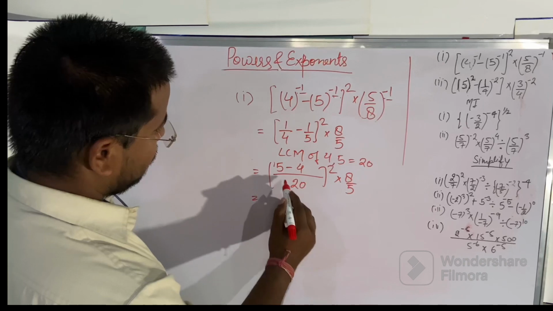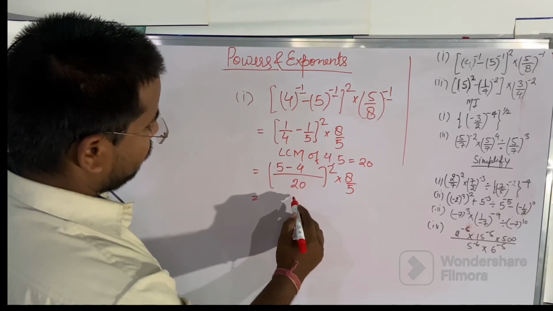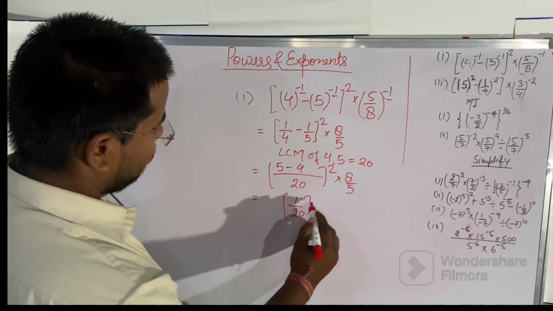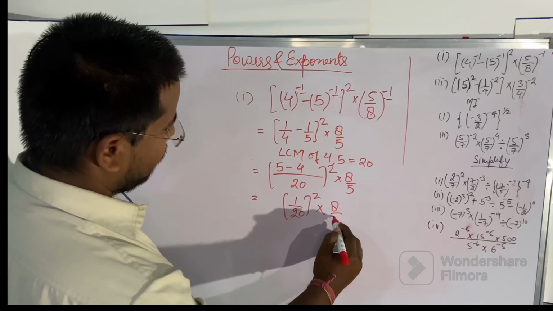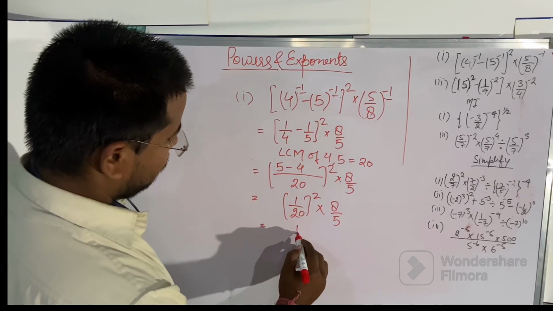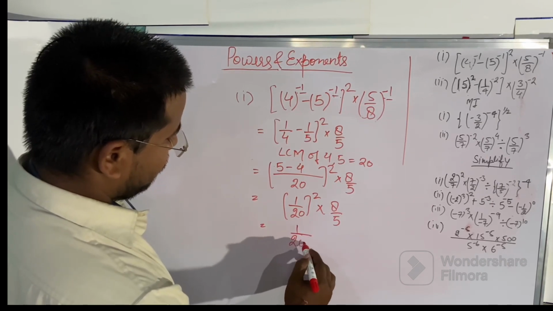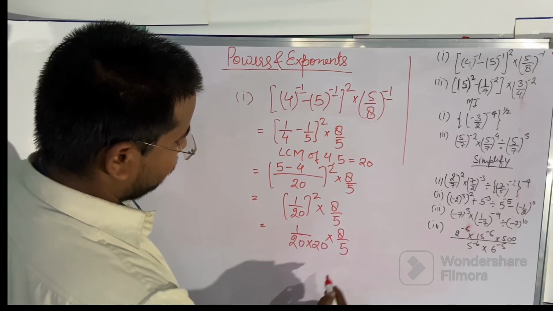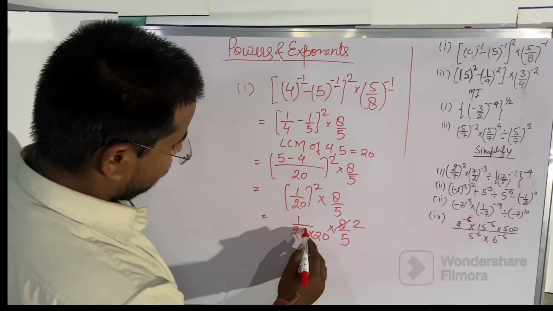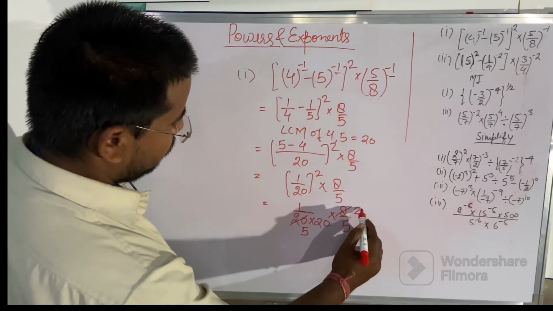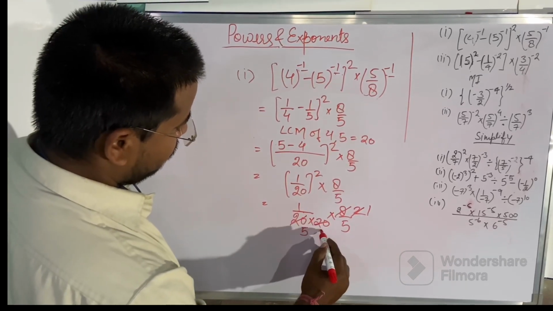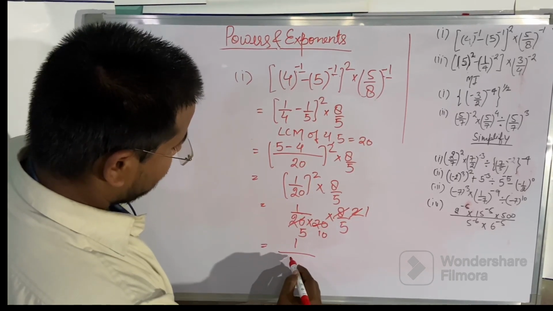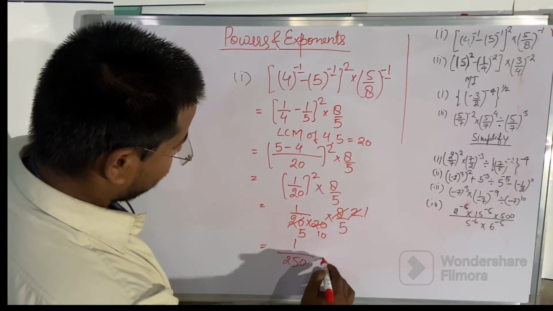So 5 minus 4 is 1, that means 1 by 20 to the power 2 multiply 8 by 5, that means 1 by 20 multiply by 20 multiply by 8 by 5. 4 2s are 8, 4 5s are 20, 2 1s are 2, 2 10s are 20. So numerator is 1 and denominator is 250.